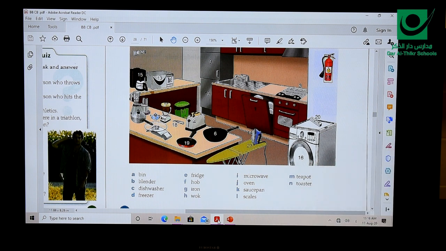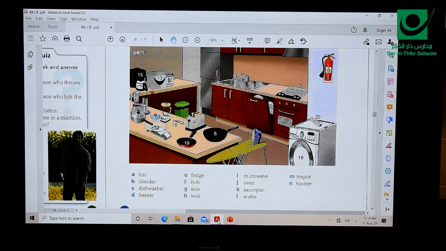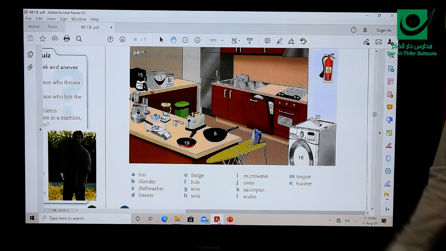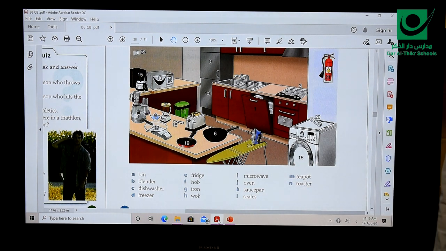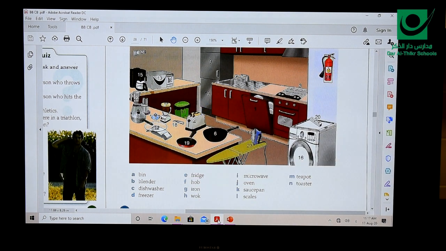It's like a pan with a handle used for cooking. Here it's number 8. Scales, which you use to weigh things, to make a cake or something like that. We use the scales. 12.